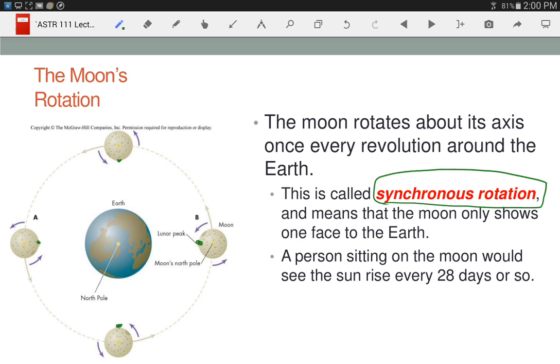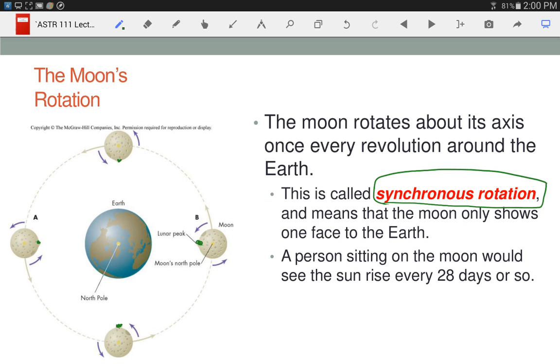Because it's rotating at a constant rate but not orbiting at a constant rate, that means it can't be perfectly locked on us. And that's what causes the, quote, wobble. What was the correct word for that wobble? Libration.